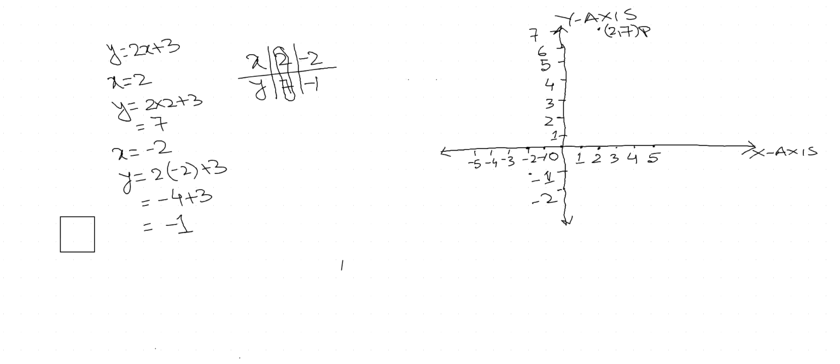So here the value of x is minus 2 and the value of y is minus 1, and suppose this is Q. So now you have to join these 2 points. You join something like this. So this is the graph you have to draw.